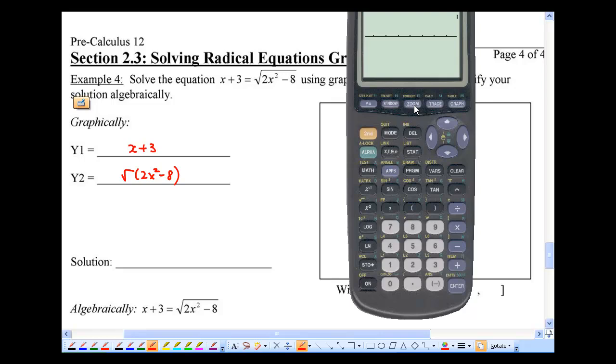Oops, mistake. I should change my window coordinates to zoom standard. There we go. Oh, why did it pause? Interesting graph. Probably want to change this, make it a little bit higher perhaps. I'll change my window, maybe X max to like 15.